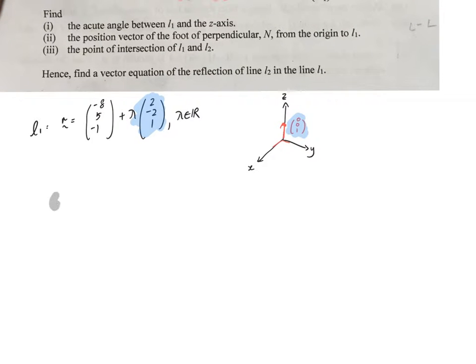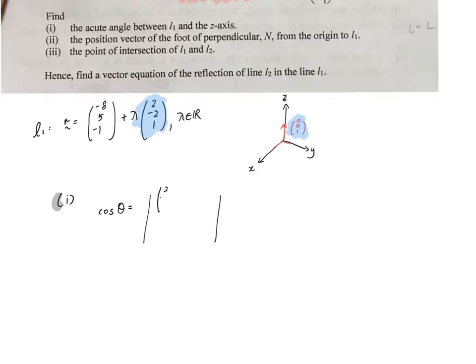We want to calculate the acute angle between line 1 and the z-axis. I'll take cosine theta equals the modulus of the direction vector of line 1 dot product with the vector parallel to the z-axis, divided by the magnitudes of each direction vector.